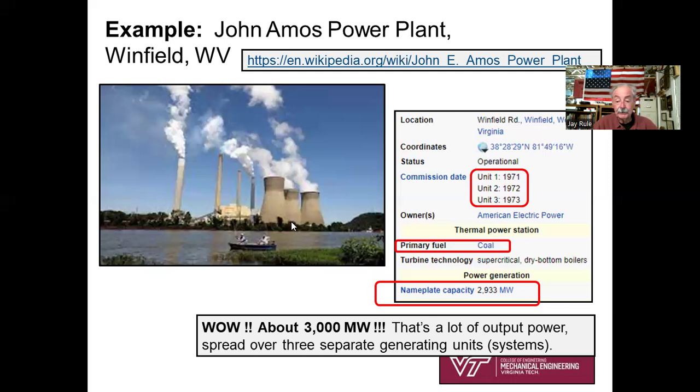This is a huge facility. I've driven by it. I've not been in it, but it is absolutely huge and employs probably, I'm going to guess, maybe 1,000 employees. So this is what a large-scale steam power plant looks like with three separate units.